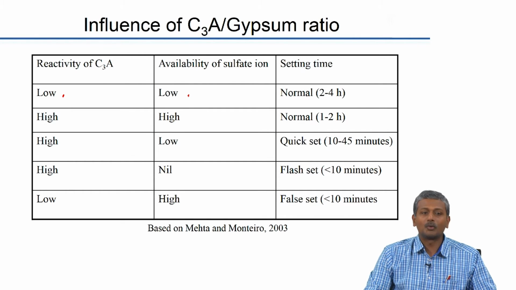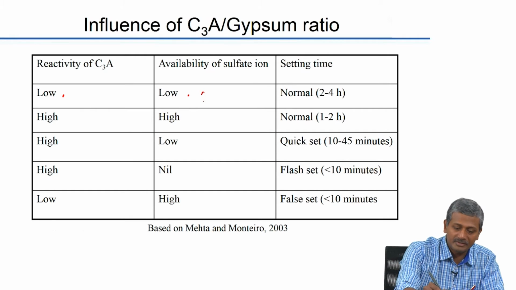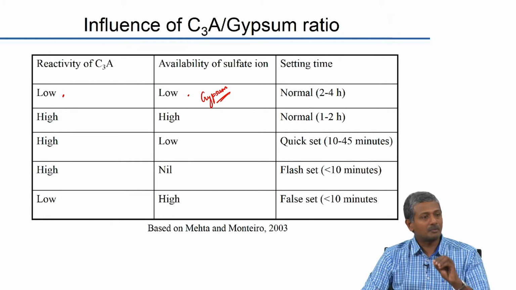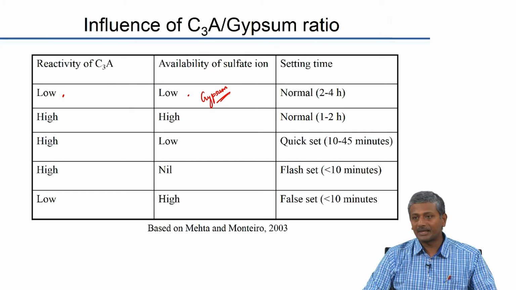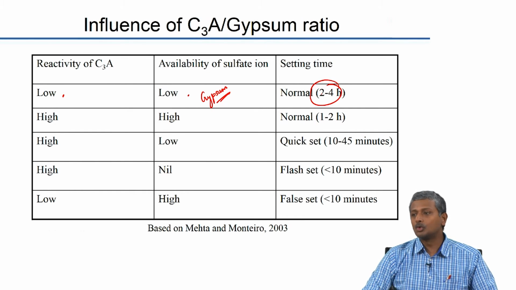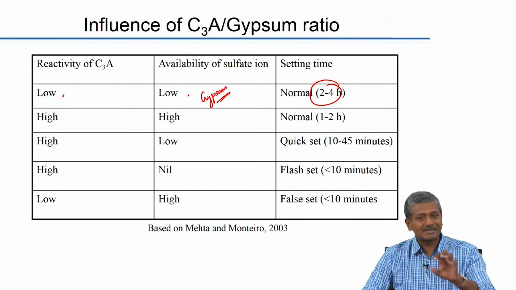Anhydrite or hemihydrate? No, those are the ones that are rapidly dissolving. If I have mostly dihydrate or gypsum in my system, my sulfate ion will be available slowly. My reactivity of C3A is also low, and that will lead to a normal setting which happens in about 2 to 4 hours. That is a condition which we can live with.